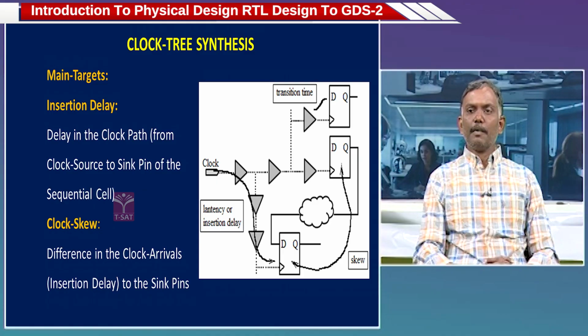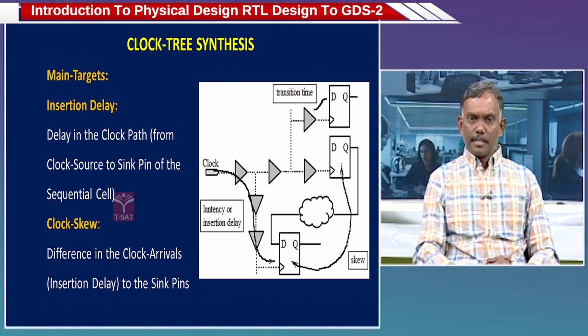The 3 flops have 3 different insertion delays, depending upon their placement and the way the clock tree is built. As a part of clock tree synthesis, we should achieve the least possible clock skew and least possible insertion delay. Those are the main targets of clock tree synthesis, because your clock skew will also impact your timing check.